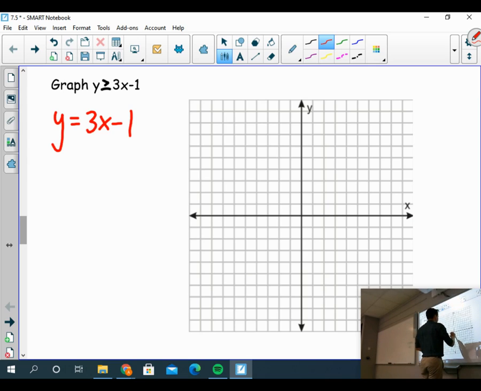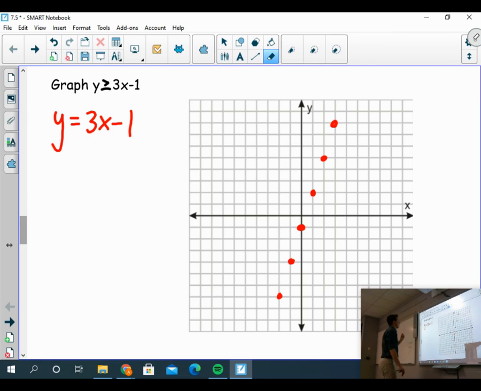So let's go ahead and get the outline of that line. It is already in slope-intercept form, so I can jump straight into graphing. Again, remember, we would have to get it into slope-intercept form if it was not. And this is the outline of the graph of y equals 3x minus 1. This will act as a boundary for our inequality.